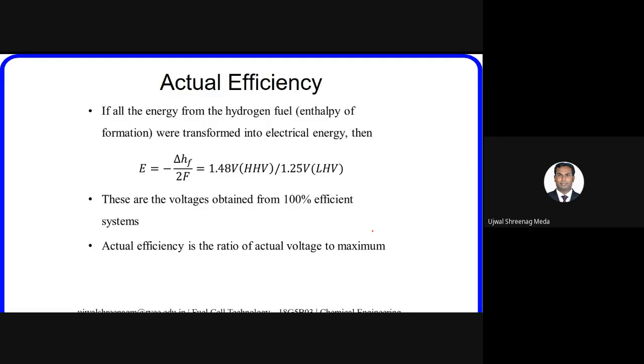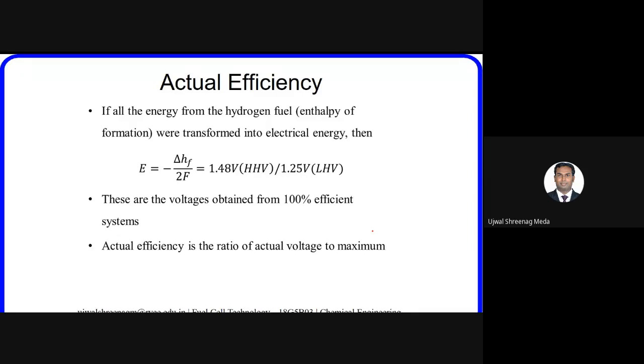So for that purpose, a reference or benchmark is required. So that benchmark value with respect to voltage that is generated in a fuel cell will be based on one based on HHV, another based on LHV.